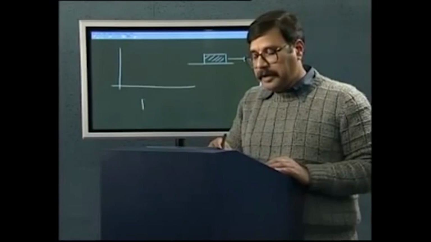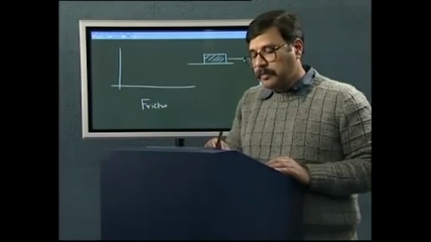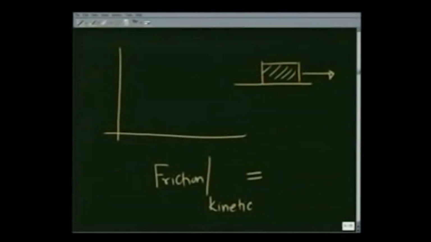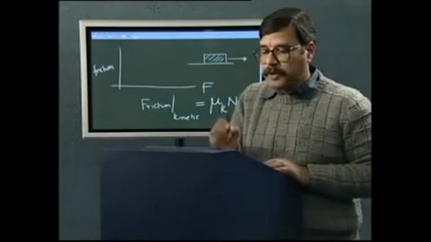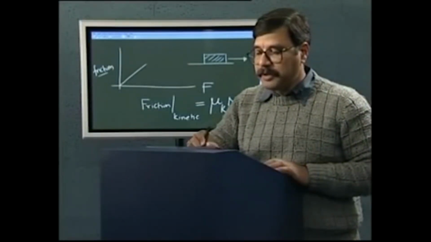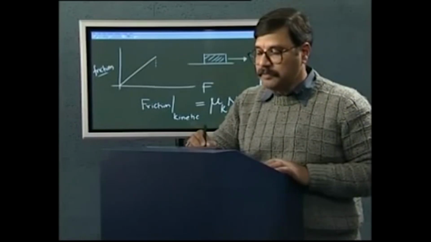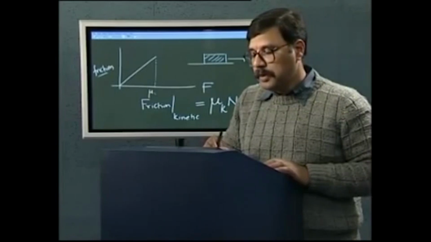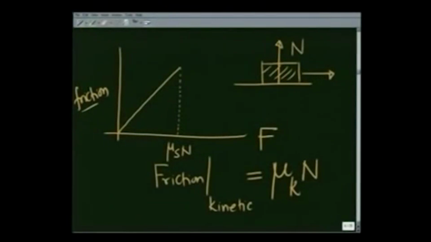So that I write as friction kinetic, and it is given by mu k times the normal reaction. So if I again plot the applied force versus friction, it will go up at 45 degrees until the maximum value of the frictional force mu s N has been reached, where N, as I said earlier, is the normal reaction of the surface.